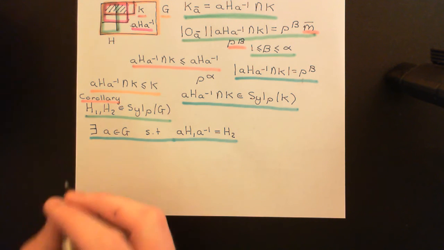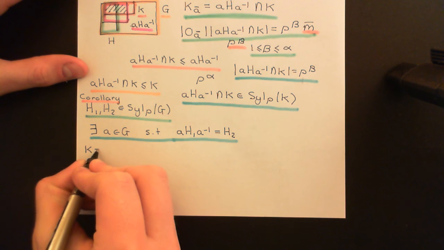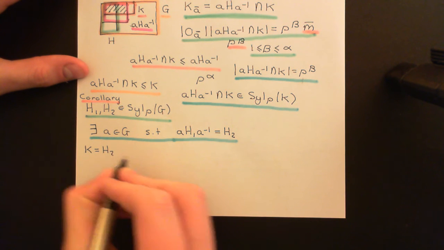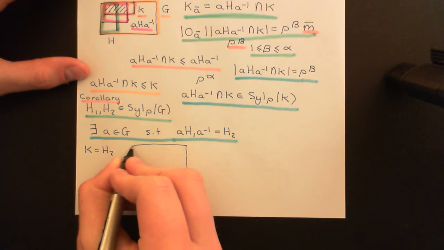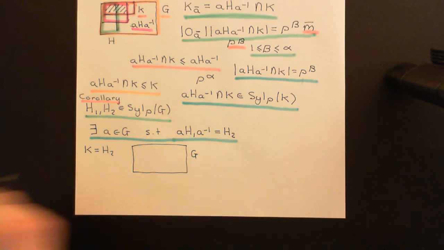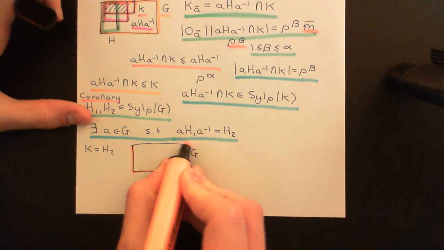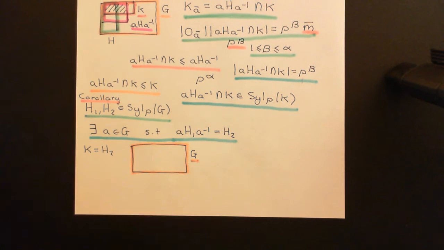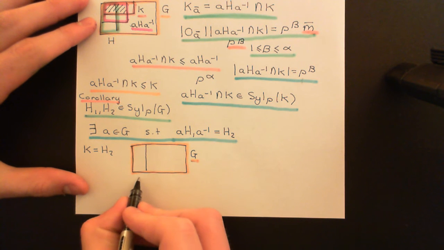Well, quite simply, what we're going to do is let H2 equal K here. To draw a picture, here is our group capital G, and I'll colour it in orange as usual. Then we've got these two subgroups, H1 and H2, and they are both Sylow P subgroups.